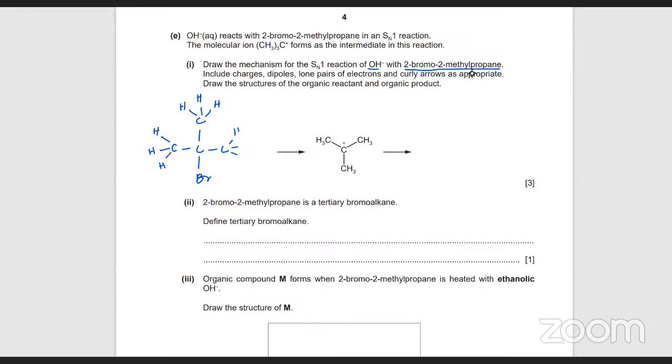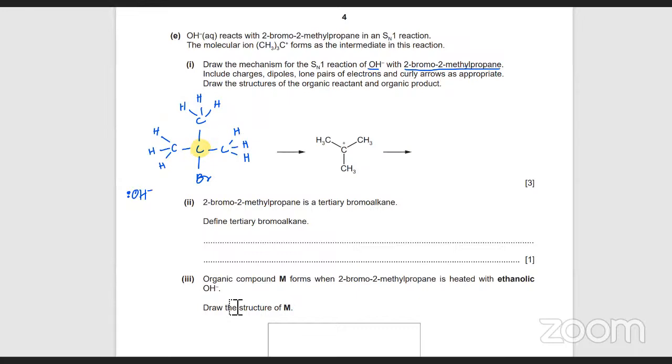Now the first question is, it's a halogenoalkane, right? And he's asking that there's a reaction going on with OH minus 1. तो पहली चीज है, what type of halogenoalkane is this? This is a tertiary halogenoalkane, क्योंकि जो ये बीच वाला जो कार्बन है ना, this one, that is bonded to 3 carbon chains on all 3 sides.